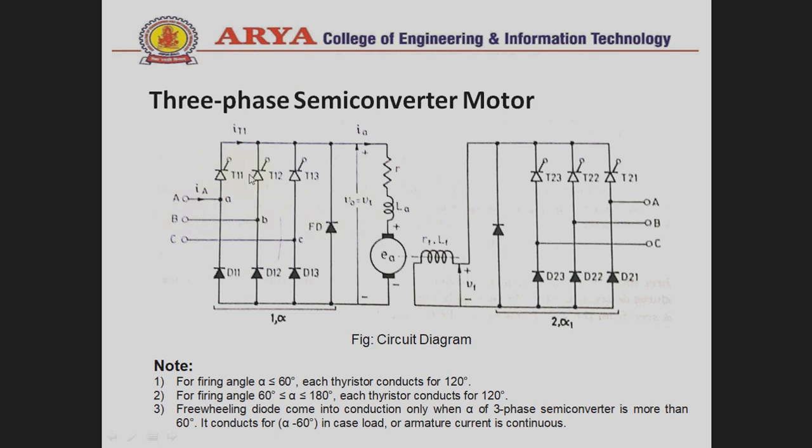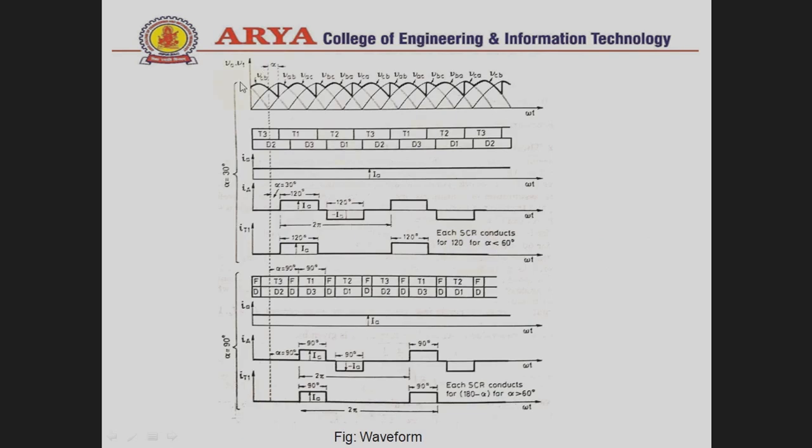As we previously discussed in the single-phase converter motor, whichever phase voltage is high, that voltage is applied to the armature circuit. Here we consider two cases: alpha is 30 degrees, and alpha is greater than 60 degrees. As you see in the diagram, we have the crossover point, and we apply the firing angle.